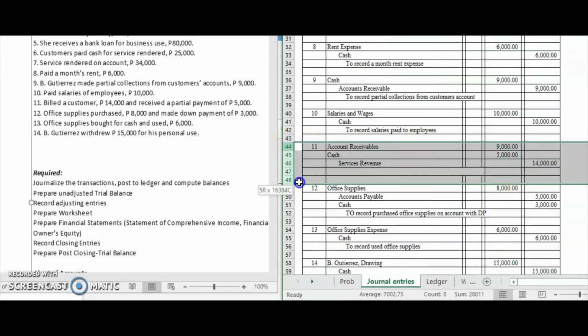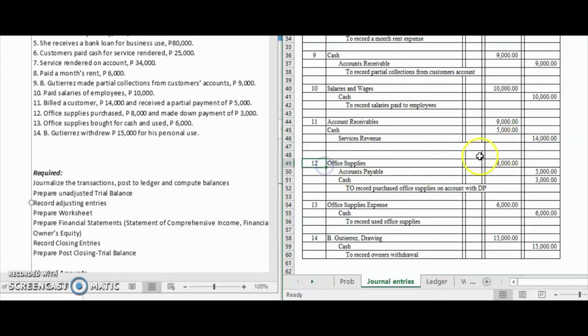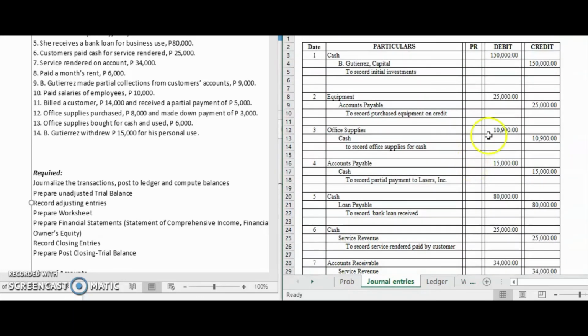Itong transaction na ito, okay, we have 9 and 5 and 14, so hindi siya parehas, but it should total the same. Okay, 12, ganun din. So we call it a compound entry. This one we call it a single entry. Kalimutan natin yung description.